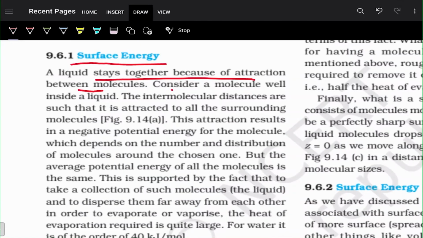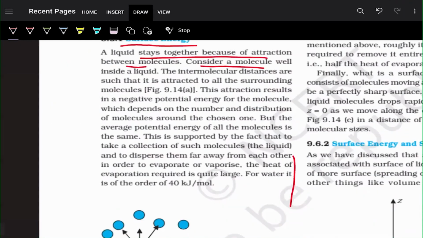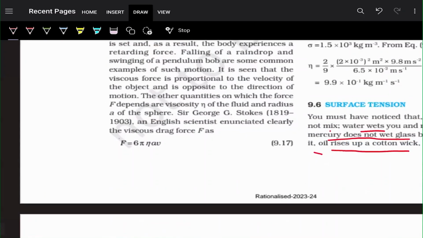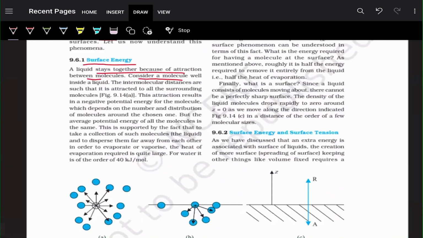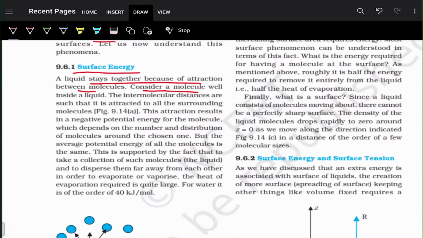The intermolecular distances are such that it is attracted to all the surrounding molecules.